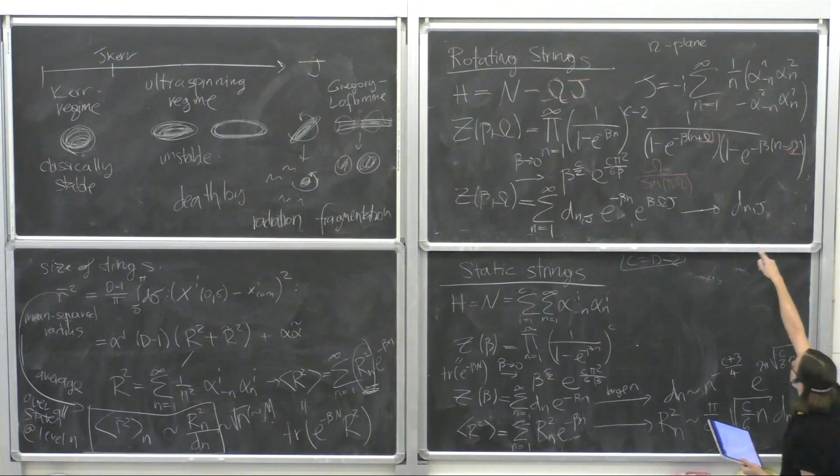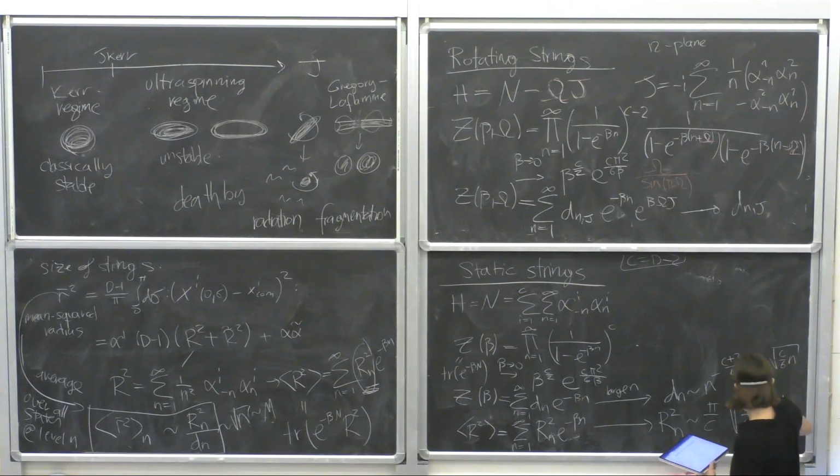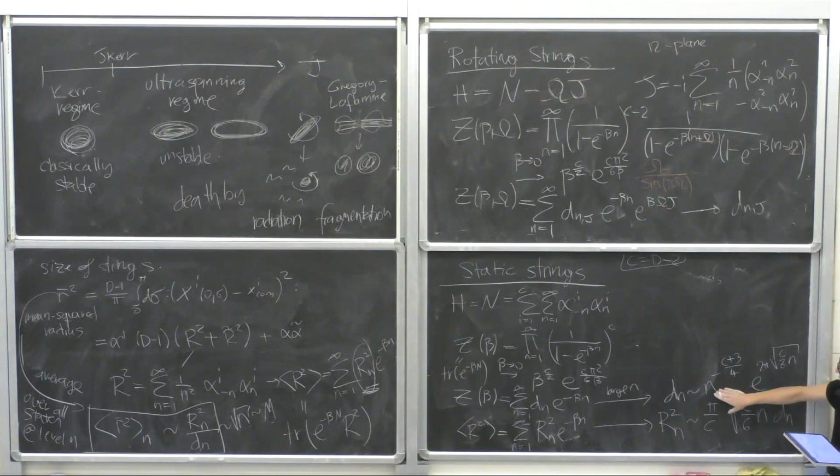I'm actually not going to write out this expression because it is really horrible. It has some factors of n there, but actually n gets replaced by n minus j. The exponent here is more complicated.